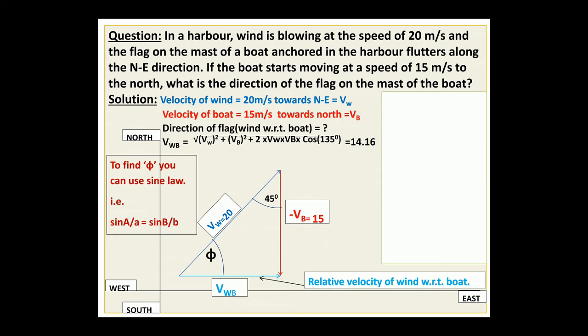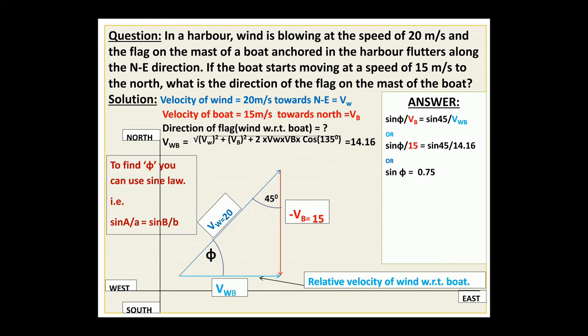So if you use this equation for this triangle, we have all three sides. We know the value of VW, it is 20. We also know the value of VB, it is 15, and we also know the value of VWB, which we have calculated and is 14.16. And we also know one angle is 45 degrees and another angle we have considered as phi, so we have to find phi.